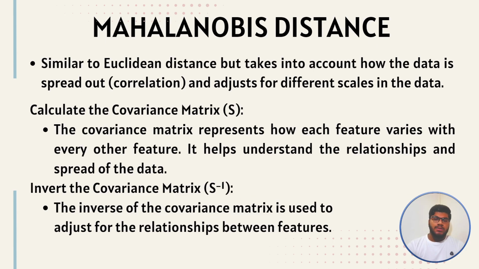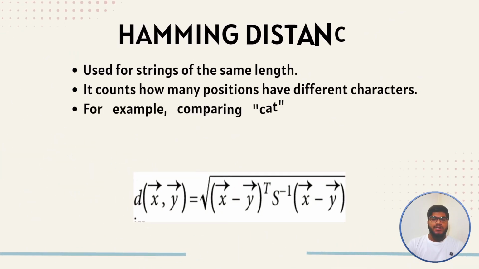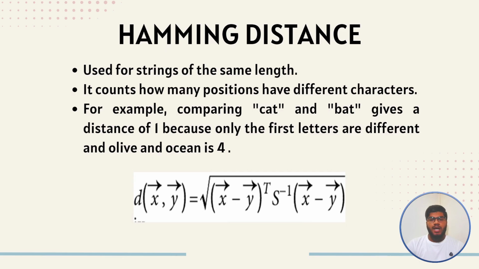Now let us discuss about the last distance matrix used in the KNN, that is the Hamming distance. Mainly it is used for strings of the same length. It counts how many positions have different characters. For example, comparing cat and bat gives the distance of 1, because only the first letters are different, and the A and T are the same, but C and B are different, so it gives the distance of 1.